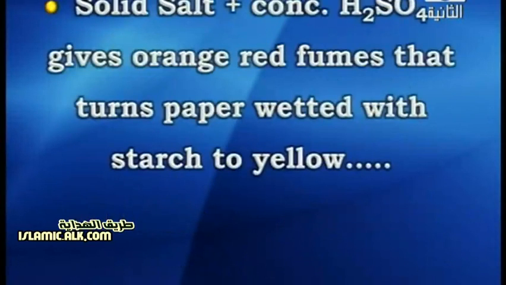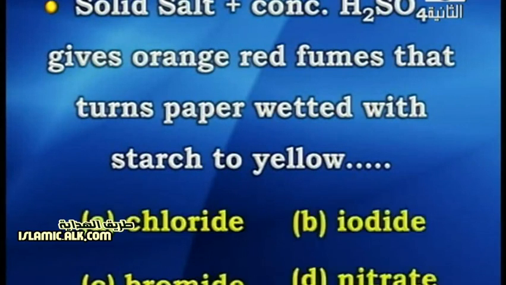Next one, the solid salt plus concentrated sulfuric acid gives orange-red fumes that turn paper wetted with starch yellow. Is it chloride salt, iodide salt, bromide salt, or nitrate salt? If you think about it, yes, it will be bromide salt.